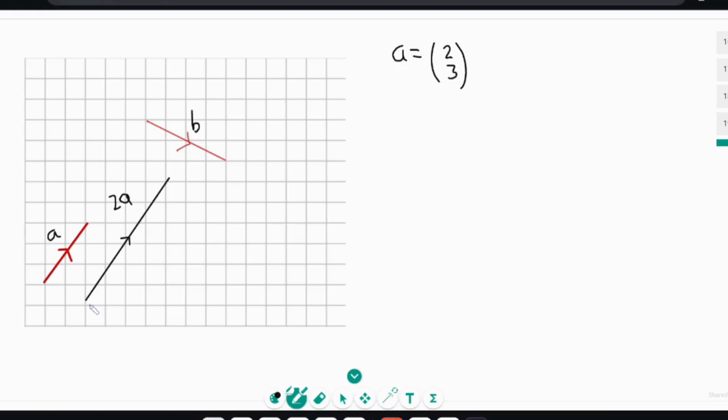You can see we go across 4, up 6. So if we were calculating with our column vector, 2A, we just multiply the whole vector by 2. And we get (4, 6).